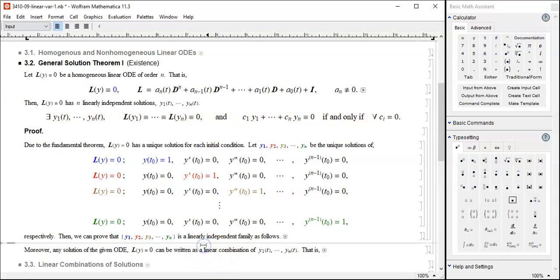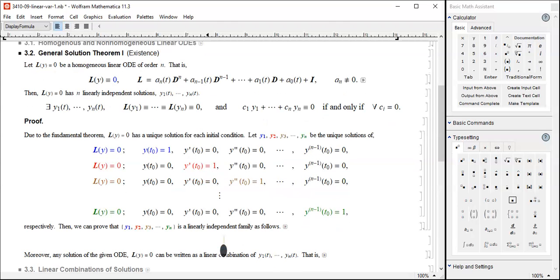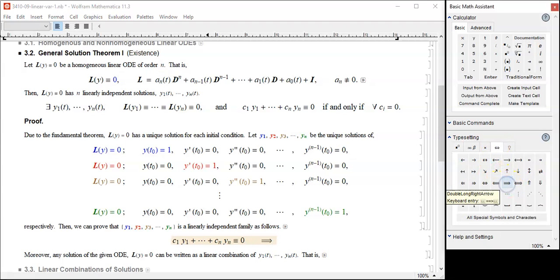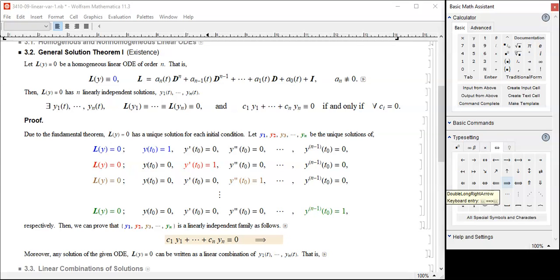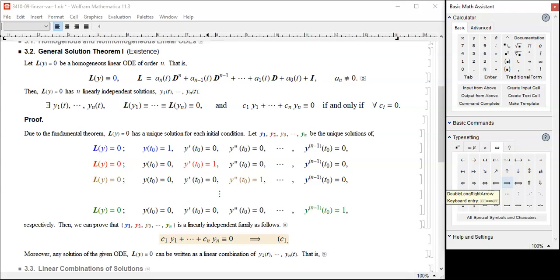That is, we have to prove this. If the linear combination is equal to 0, then will all the coefficients be 0?